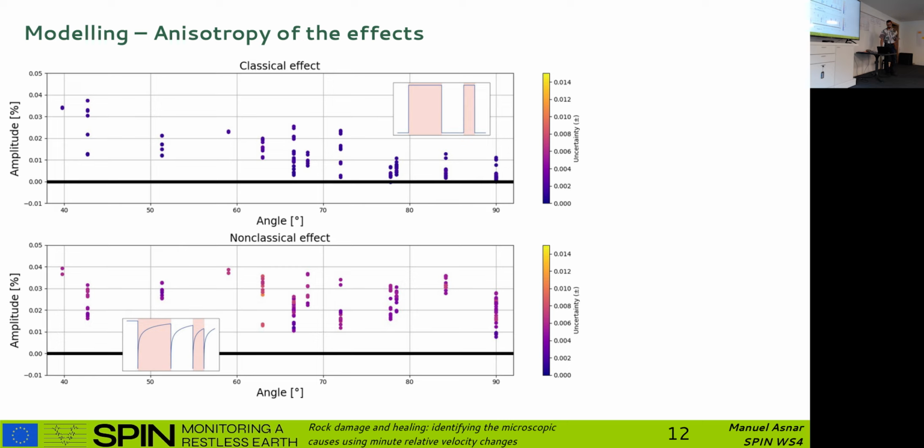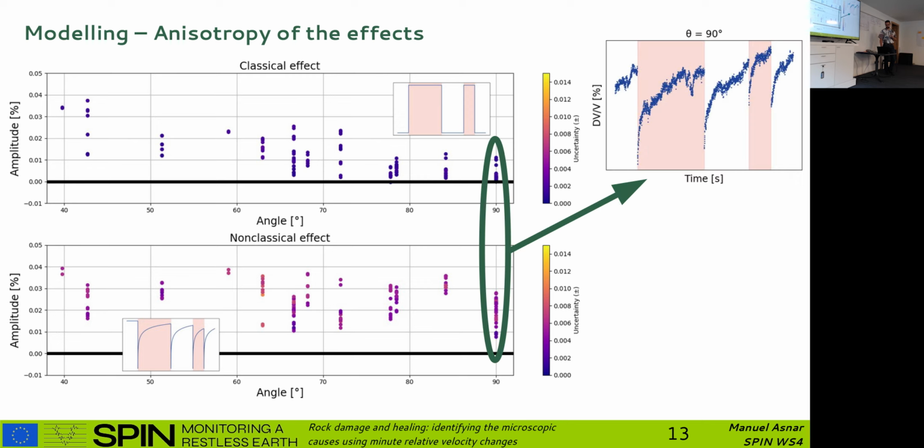To help you picture it a little bit more, if we look at what happens around 90-degree angles, so horizontal sensor combinations, then you'll see pretty low values of the classical effect, so you don't have this baseline shift, but you have a pretty significant amount of these transient components. So you end up with a shape like this, where you have almost pure transients recovering to whatever the elastic modulus happened to be before the stress change.